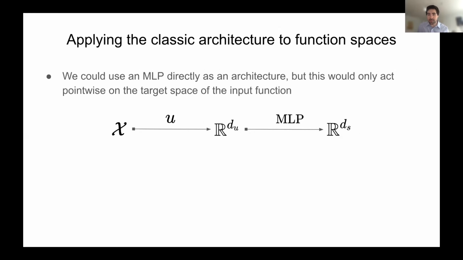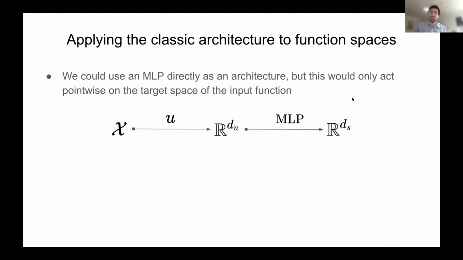So we might be motivated to say, we want to form a really flexible class of parameterized operators to learn the correspondence between input function and output function. Why don't we try doing the same thing? The most immediate application of this is, we could apply it just to the output space of the first function.